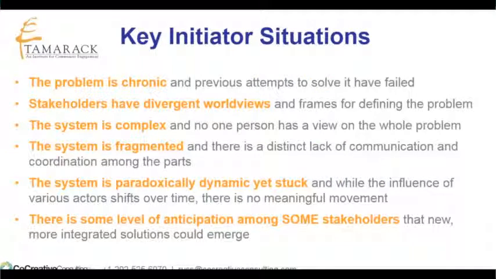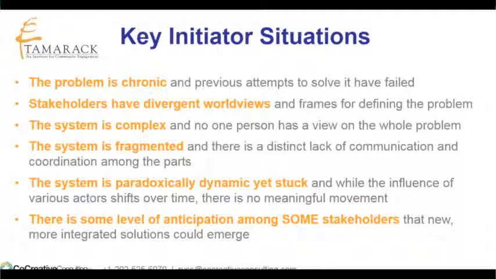So there are some situations where the key initiator approach works particularly well relative to other approaches, and some of these you'll recognize as system problems where collective impact in general would apply. So number one, we look at situations where the problem is chronic and previous attempts to solve it have failed, like with the Southern Initiative in South Auckland.